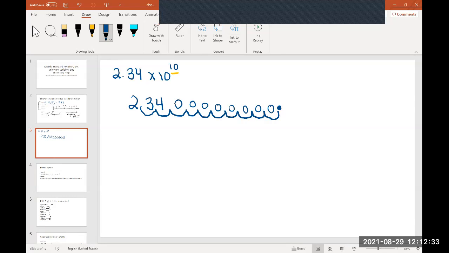So now our number becomes a very large number. And this now raises the question, why do we even have standard notation versus scientific notation?